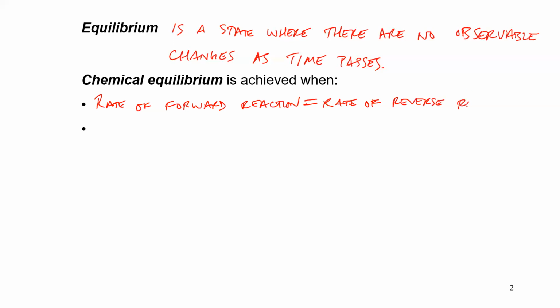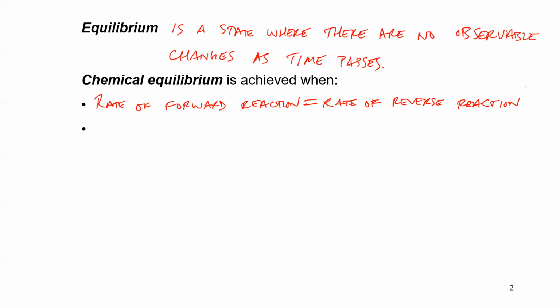And this is important, right? We spent all of chapter 13 talking about reaction rates, and now I'm saying that the reaction of A going to B happens just as quickly as the reaction of B going to A. And so these two reactions happen with exactly the same rate.